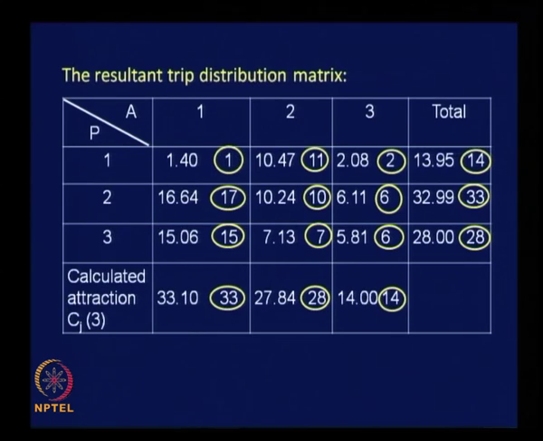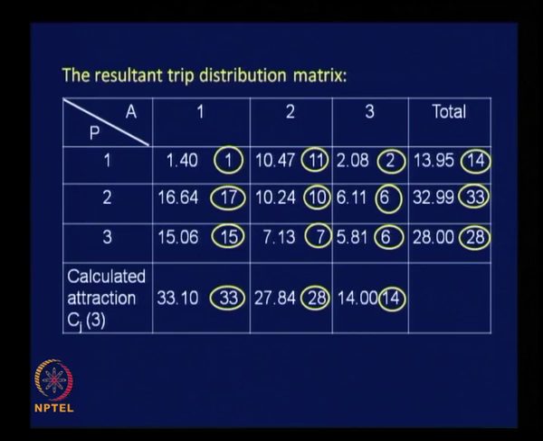First, let us try to check the attraction numbers. We have got 33.1, which can be rounded off to 33. 27.84 can be rounded off to 28, and 14.00 exactly we are getting, so we accept the number, right.